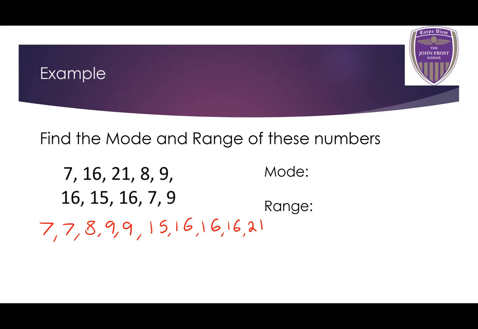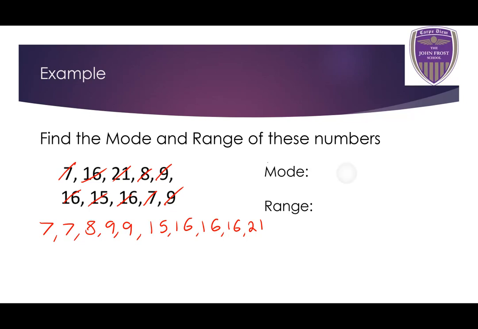So just double check those numbers. What you can do as well, when you're dealing with lots of numbers, is cross them out as you go. So 7, 7, 8, 9, 9, 15, 16, 16, 16, 21. And hopefully if you've crossed out all your numbers, you know you've got them all in your list down here, okay?